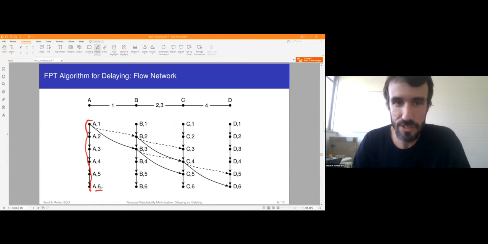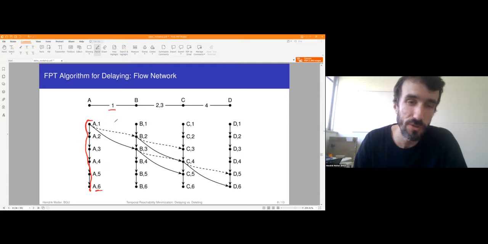And then when there is an edge between, for example, A and B at time 1, we draw this dashed edge here from A1 to B2, where this path would arrive if this edge is not delayed or not slowed.